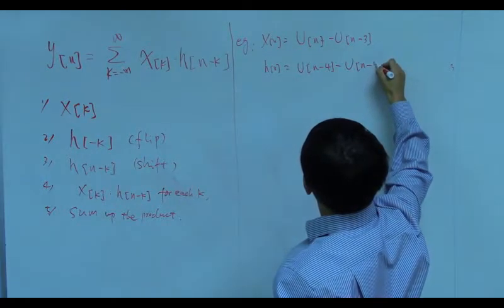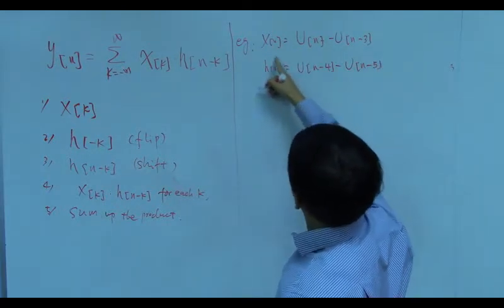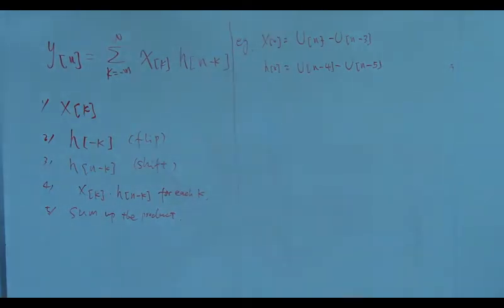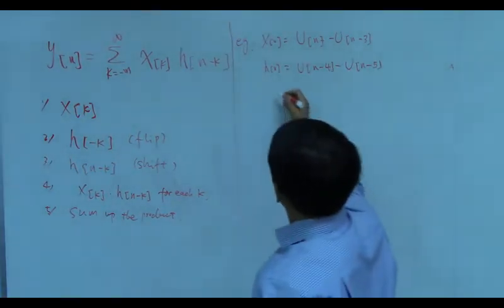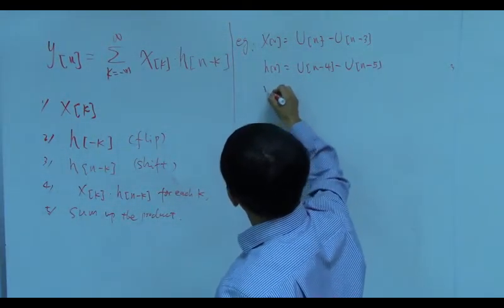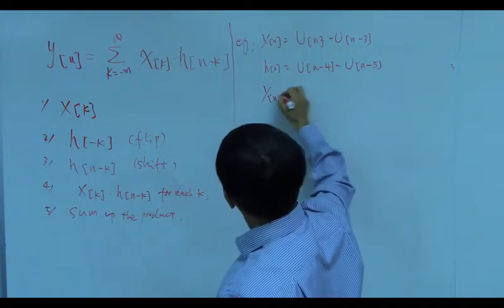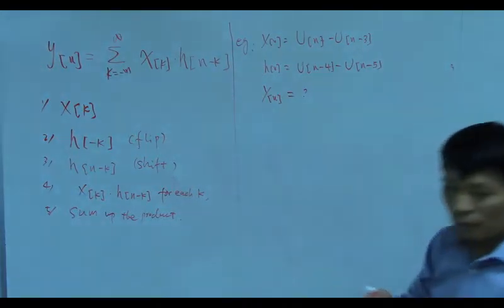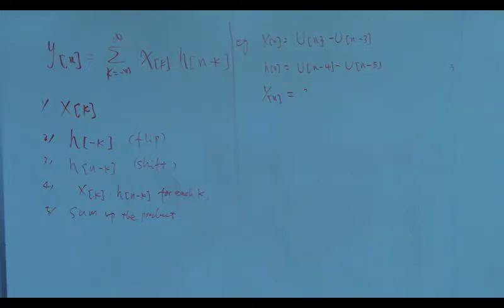That x[n] and h[n]? Yes. Now, this h[n] is the impulse response, x[n] is the input, right?